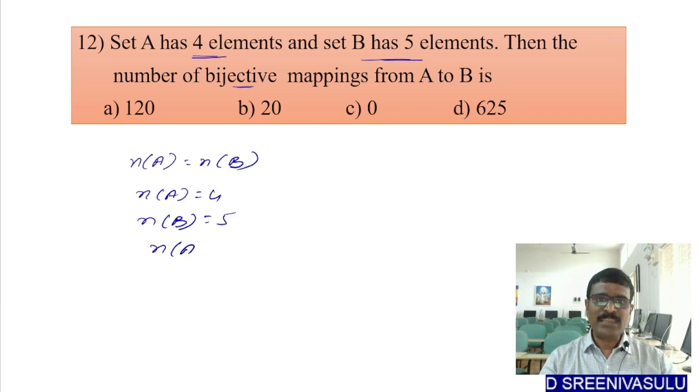Here n(A) is not equal to n(B). Therefore, number of bijective mappings is 0. The answer is option C.